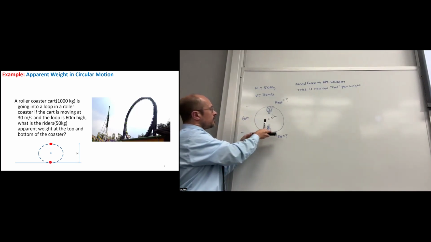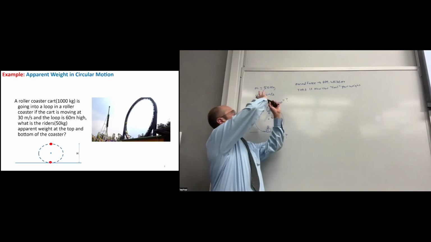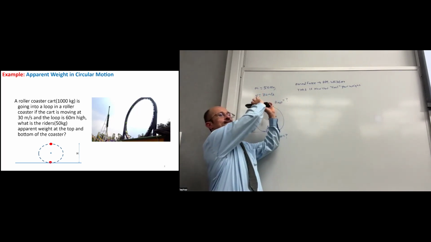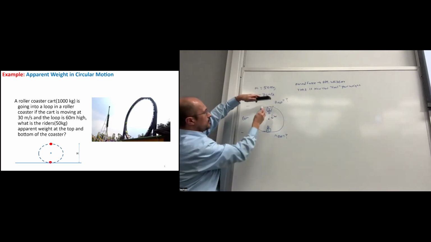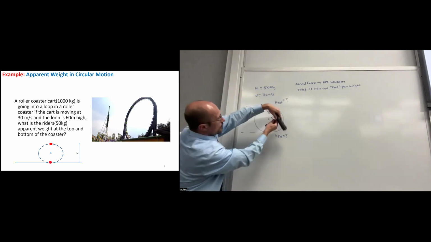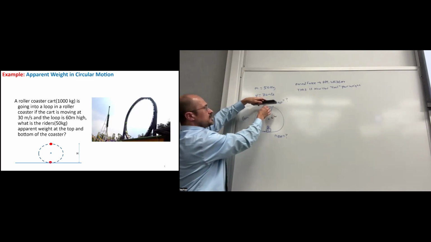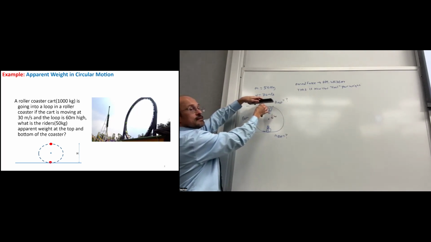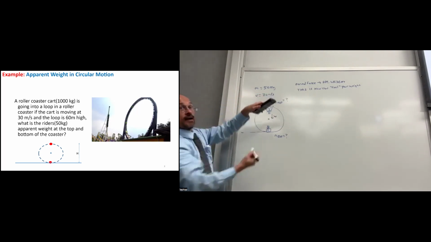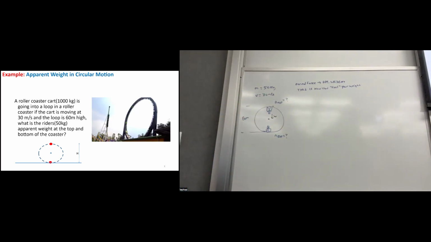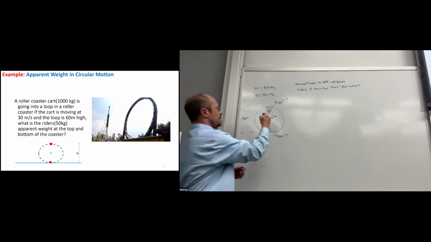So it works here, but when you go upside down, the normal force from the seat is pointing down. When the coaster is going around, the normal force from the seat on you points down. So the normal force points down as well.